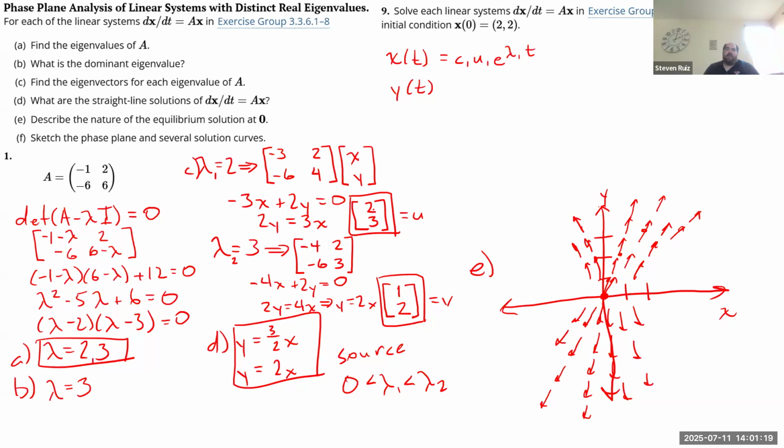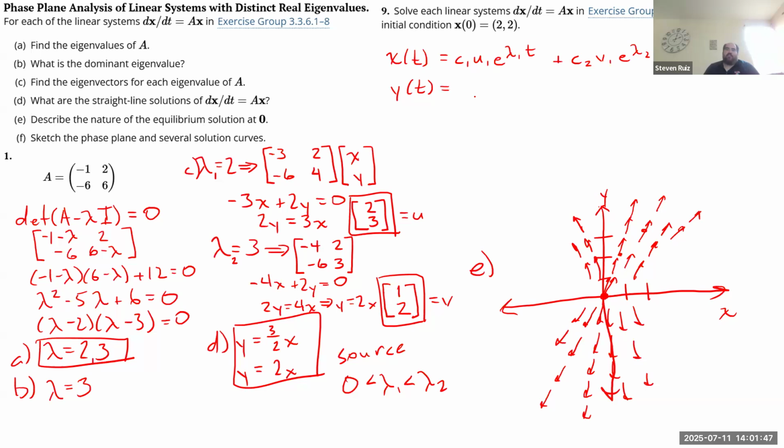So the x coordinate of my eigenvector times e to the eigenvalue times t. And then we're going to have a corresponding term for the other eigenvalue and eigenvector. So c2 v1 e to the lambda 2, because vector v corresponds to eigenvalue 2, t.